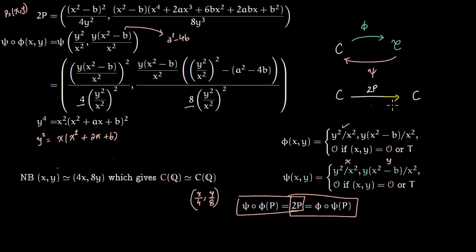So first you apply phi and then you apply psi; it is the same as doubling the point. And you can see this going from green to white and then back. These two isogenies are called dual to each other. This explicit 2-isogeny will be used in completing the proof of Mordell's theorem.